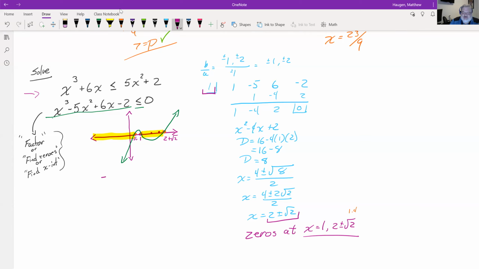Well, any negative value all the way up to 2 minus the square root of 2. And since we can be equal, we're going to include that, unioned with our interval from 1 to 2 plus the square root of 2. And that's our solution set.